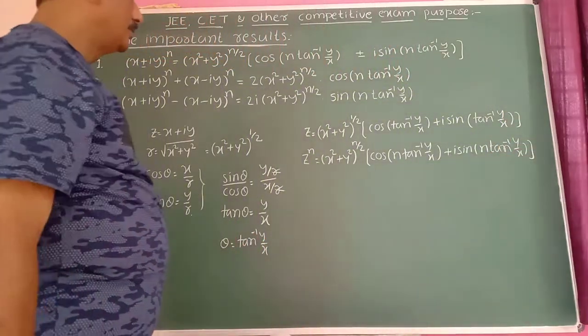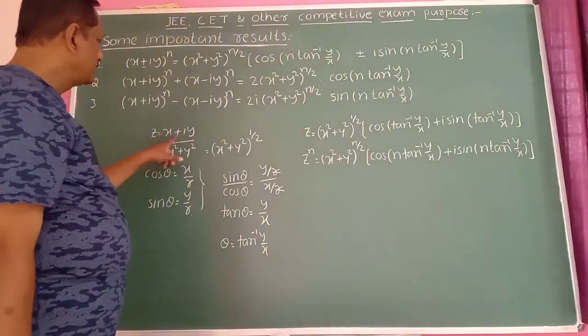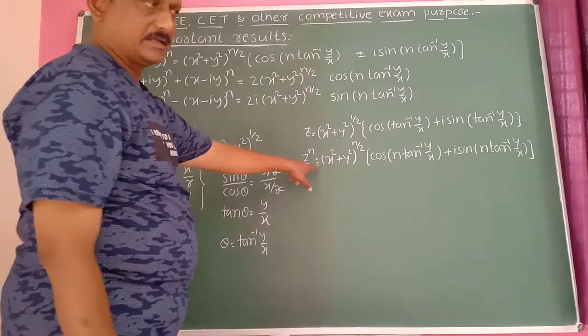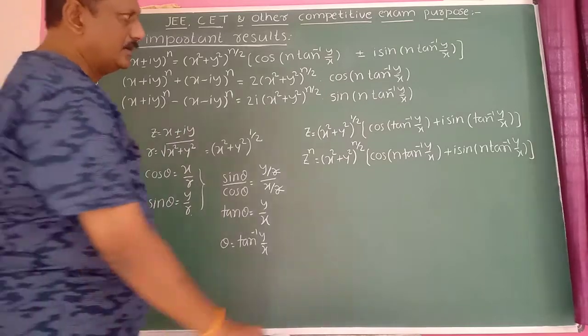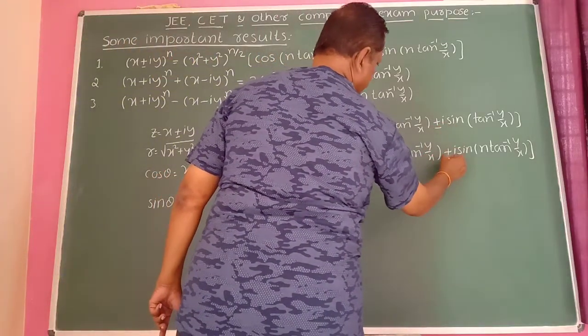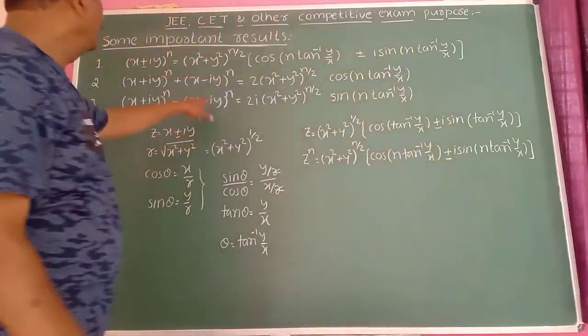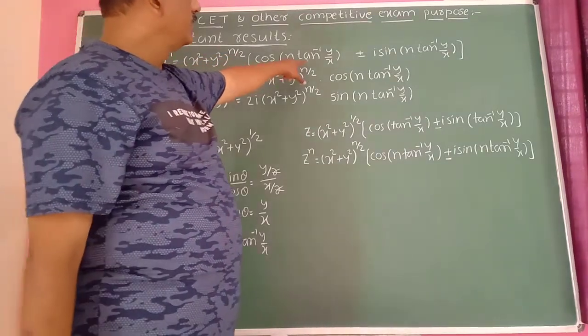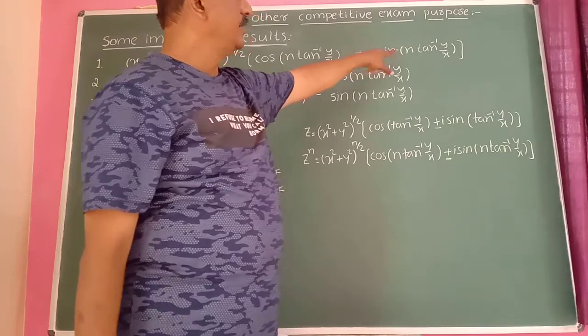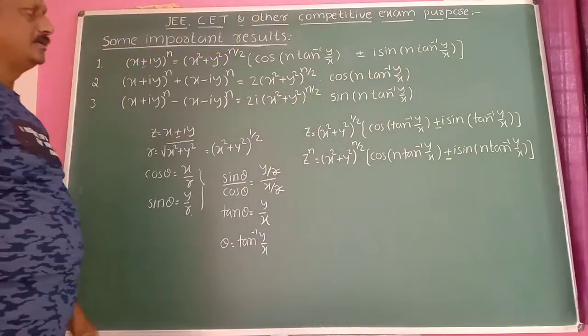Therefore, z is equal to x plus i y is this here. Suppose if it is a minus here, then this becomes a minus and this becomes a minus. Therefore, x square plus y square raised to n by 2 cos of n tan inverse y by x plus or minus i into sin n tan inverse of y upon x.